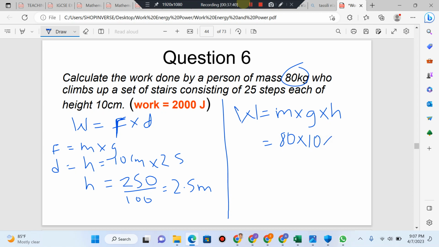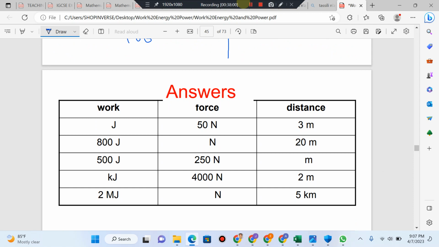Gravitational field strength is always taken as 10, 10 meter per second square for IGCSE level. And your height is 2.5, which you just calculated. If you multiply 80 by 10, you get 800. Multiply 800 by 2.5, you get 2000 joules. You can confirm this by multiplying this with your calculator.